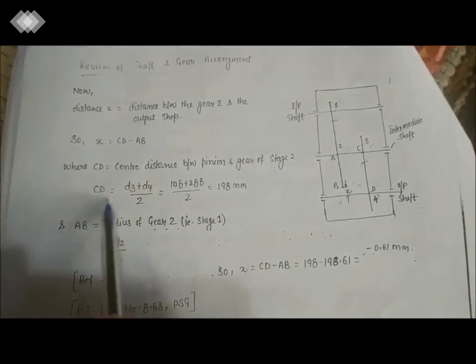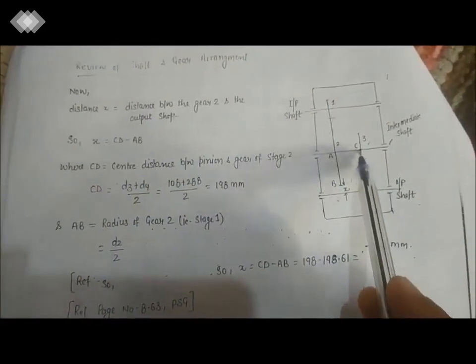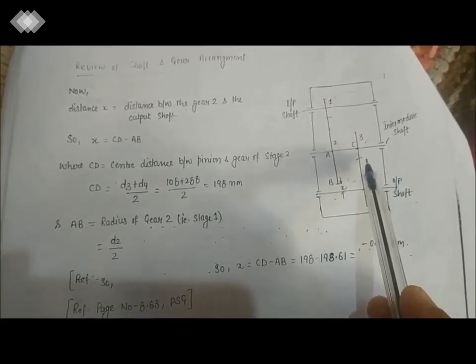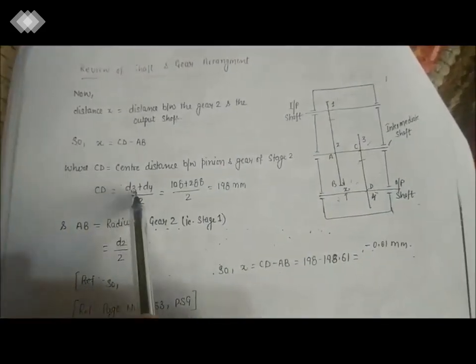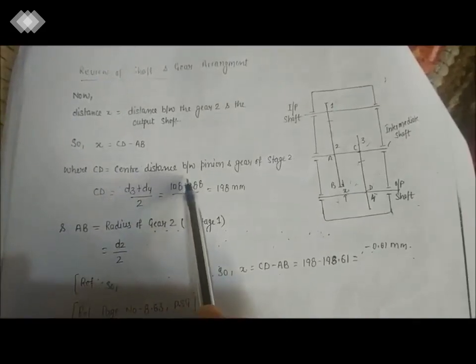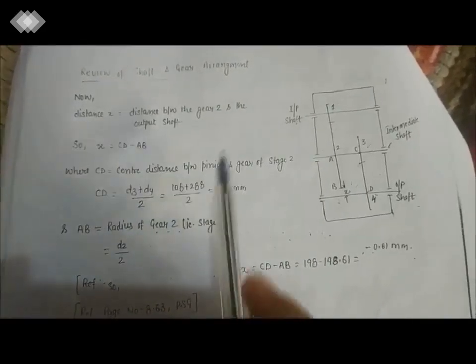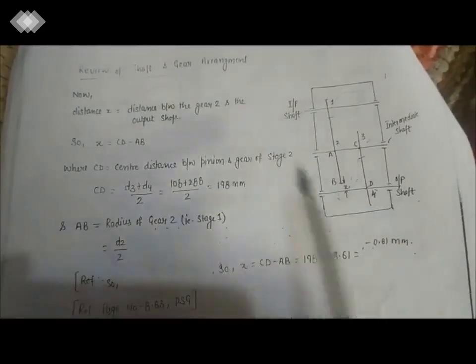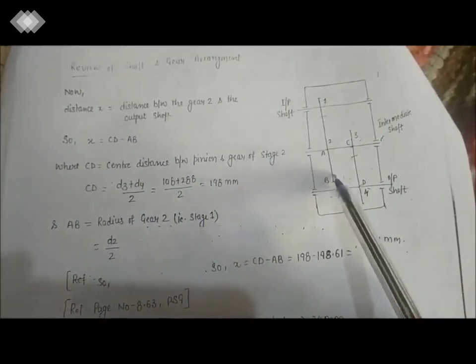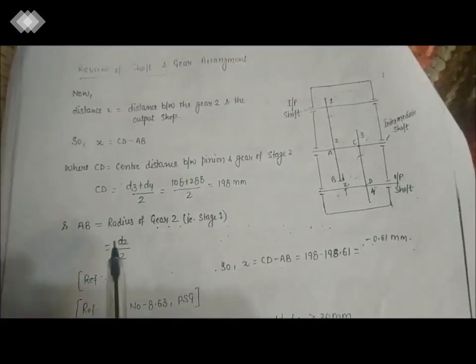So CD is equal to D3 by 2 plus D4 by 2, so (D3 plus D4) by 2. We already have the values of D3 and D4, so we'll get the value of CD. AB is the radius of gear 2, so it is D2 by 2. So x is equal to CD minus AB.